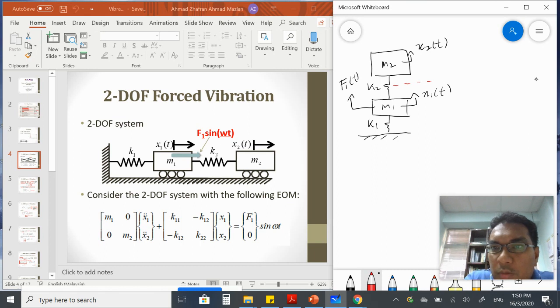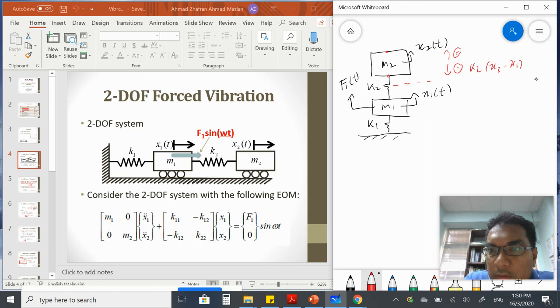In the upper part there is no connection here, it is only connected at the lower part. So the upper part is a plus and the lower part is a minus. For the minus we have K2 times X2 minus X1.